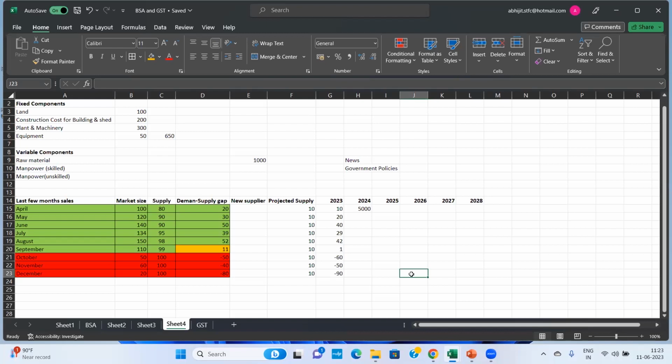Think very simple. If you understand this, I'll tell you, your project finance will be at your fingertips. Deepak, you are quite close to it, but I need the specific answer.